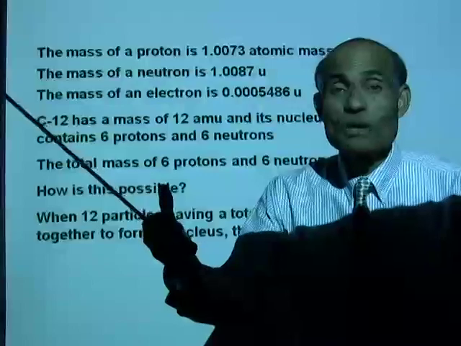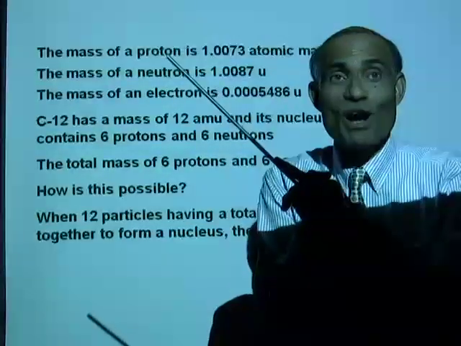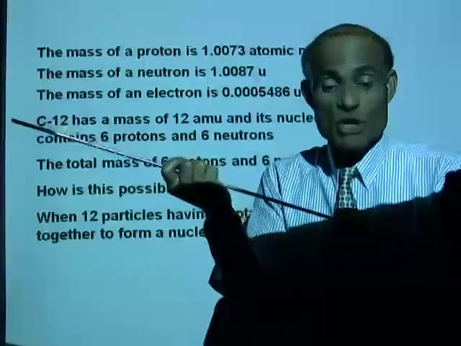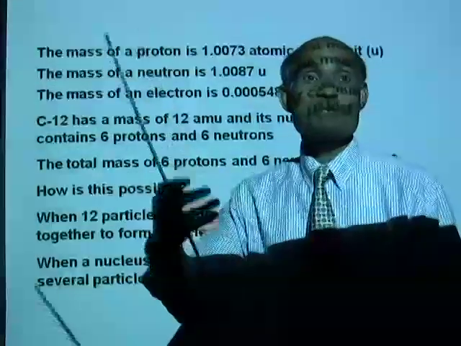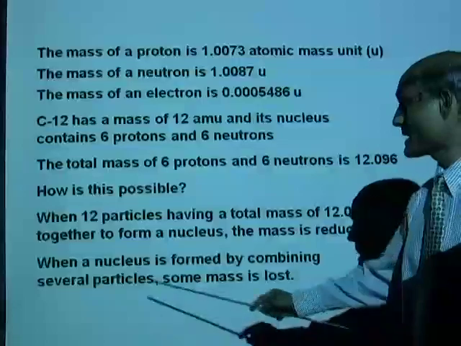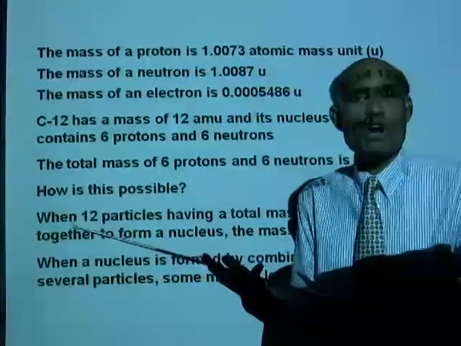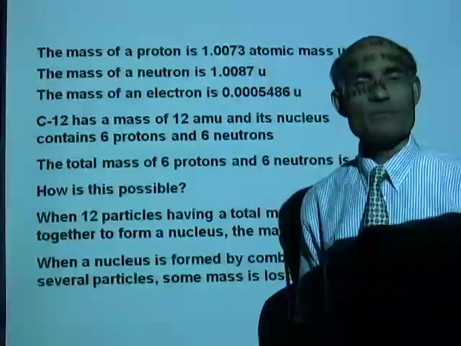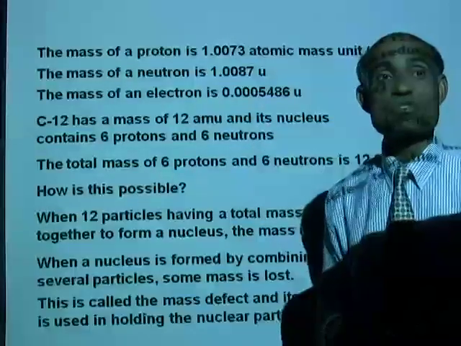It means when you bring these particles together to form the nucleus of carbon, some mass seems to disappear. We lose a part of the mass of these particles. So when a nucleus is formed by combining several particles, some mass is lost. Now, how can some mass get lost? Well, how about the conservation of mass and conservation of energy?